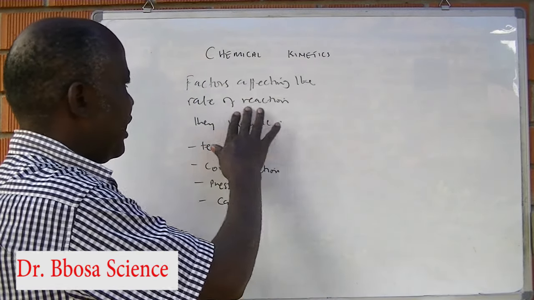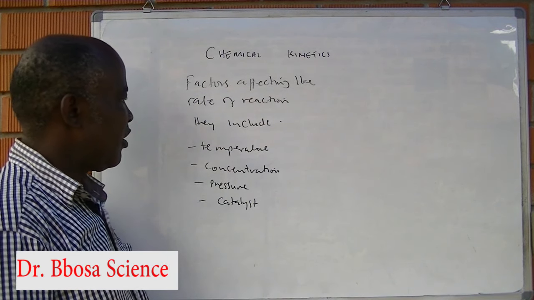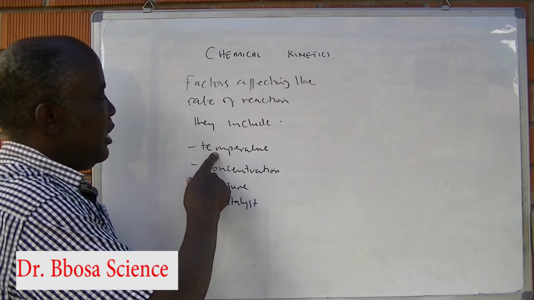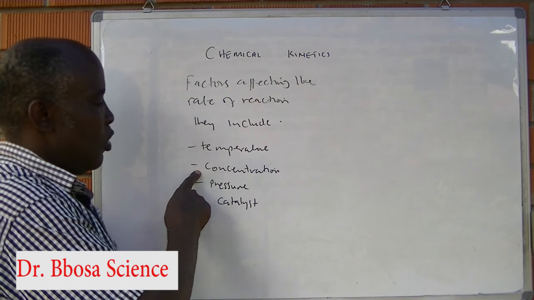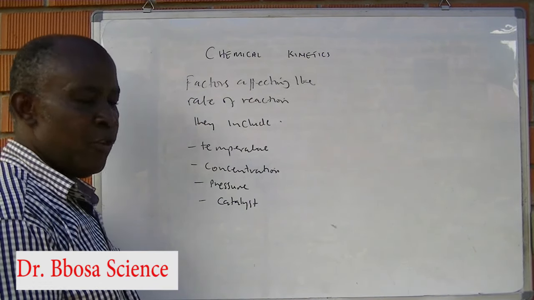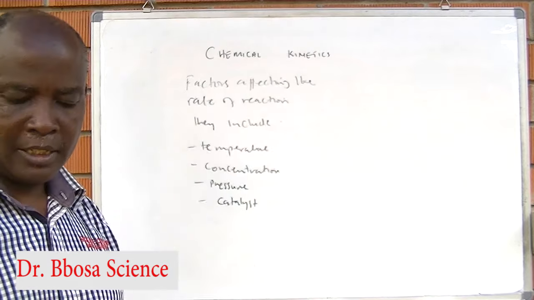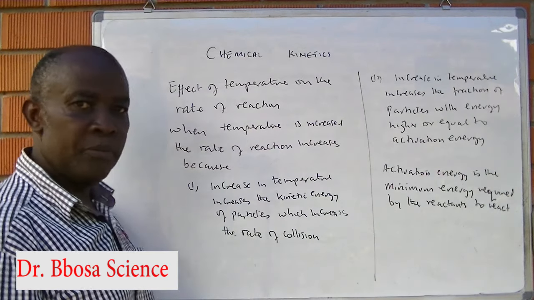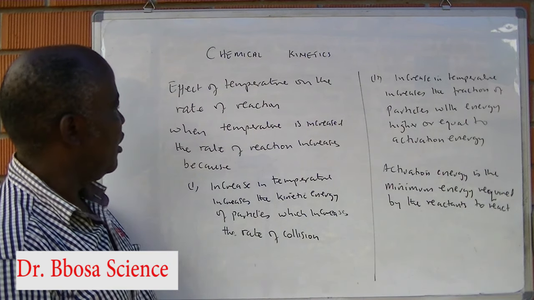Factors affecting the rate of reaction include 1, temperature, 2, concentration, 3, pressure, and 4, a catalyst. Effect of temperature on the rate of reaction.